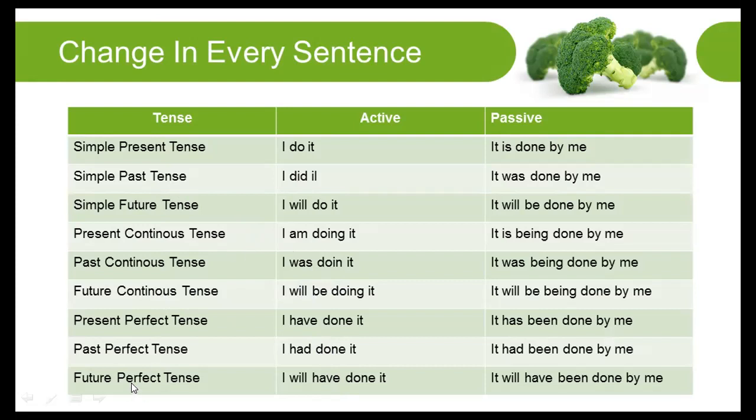In future perfect tense, I will have done it. That is the difference in future tense. In future perfect tense, I will have done it in active sentence, and for passive sentence, it will have been done by me.